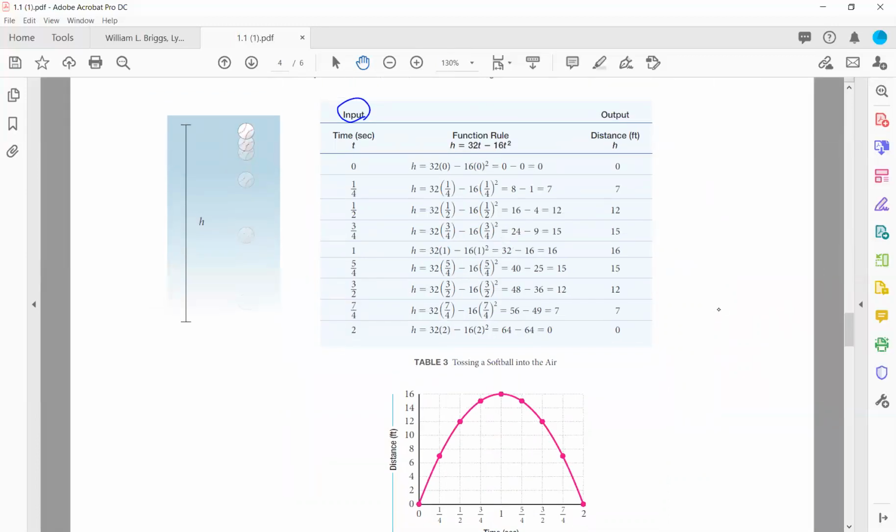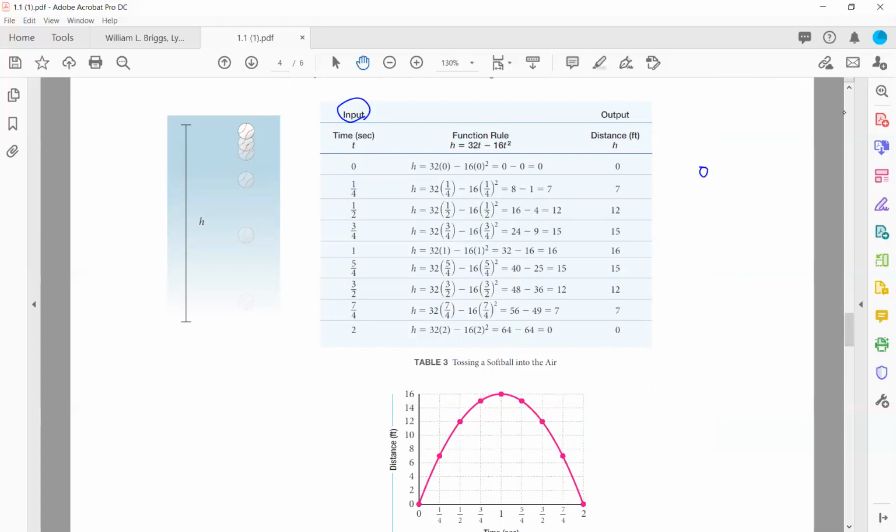When t is equal to 0, the output value is 32 times 0, minus 16 times 0 squared. First of all, here you have multiplication and subtraction. Multiplication comes first. So first we multiply 32 by 0, which is 0, minus 16 times 0 squared.